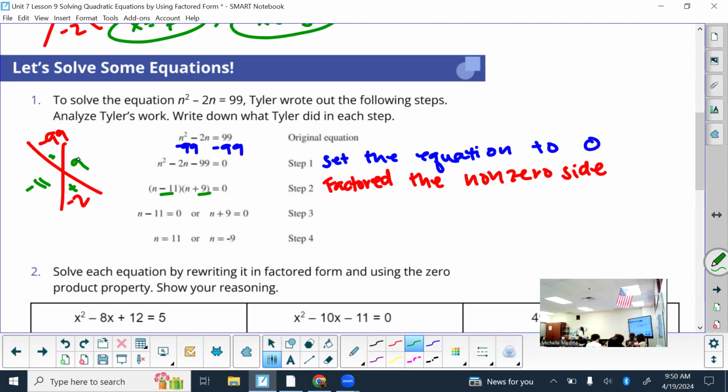Table 1, can you tell me what he did in this step? So that I think would be more going from here to here. Or what do you think? Okay.